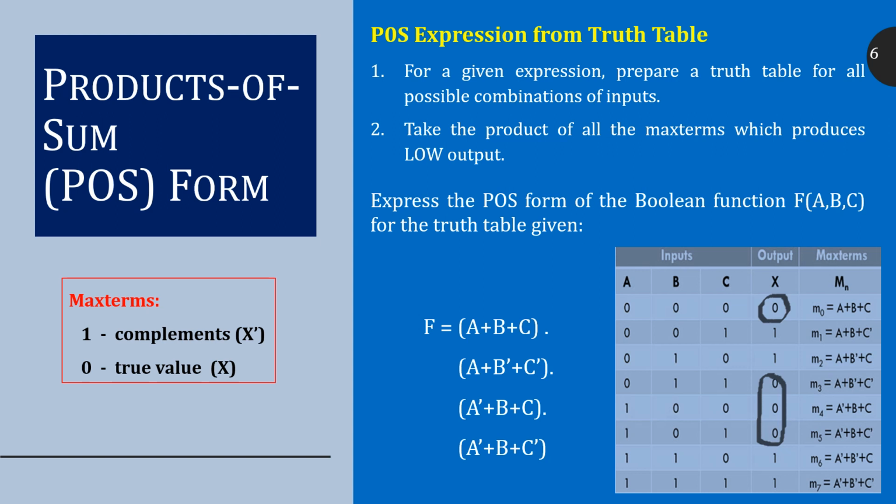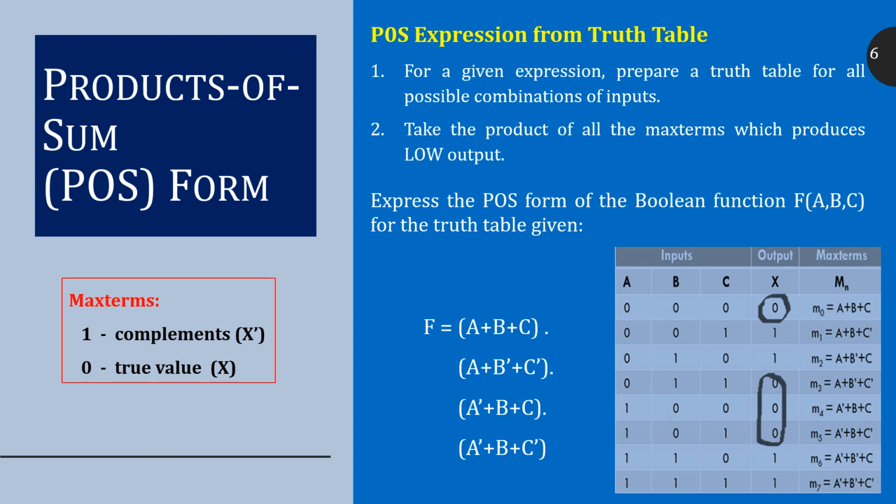In the given truth table for the function f(A, B, C), for the combination 0, 0, 0, the output is 0. Then for the combinations 0, 1, 1, 1, 0, 0, and 1, 0, 1, the output is also 0. So we need to take the product of the max terms of these combinations.